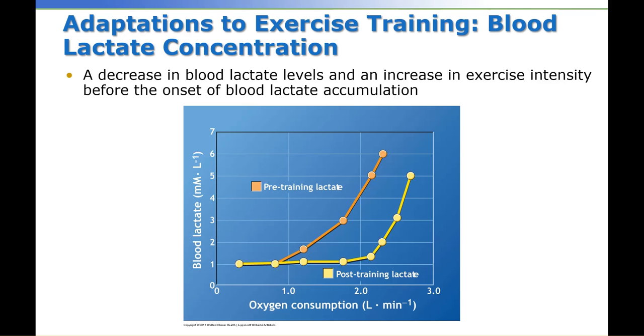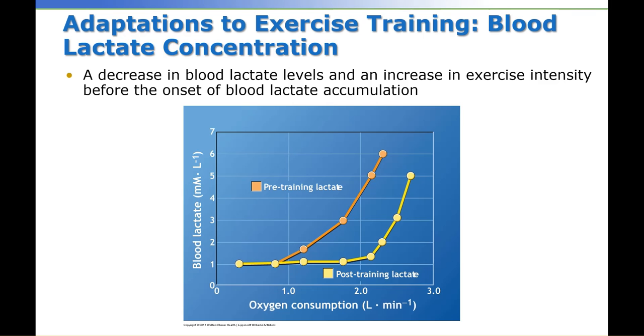Adaptations to exercise training, blood lactate concentrations: a decrease in blood lactate, and an increase in exercise intensity before the onset of OBLA. Okay, onset of blood lactate accumulation. You see here post training the oxygen consumption in liters per minute.